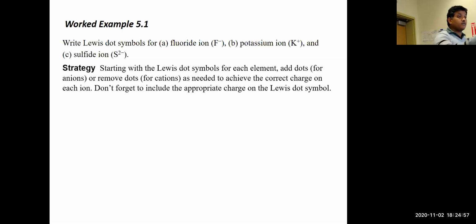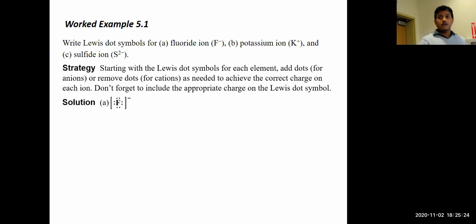Because fluorine comes with a single negative charge, it gained an electron, so you need to show that extra electron. Because it is an anion, you need to show all of the electrons, use a bracket, and show that extra charge.